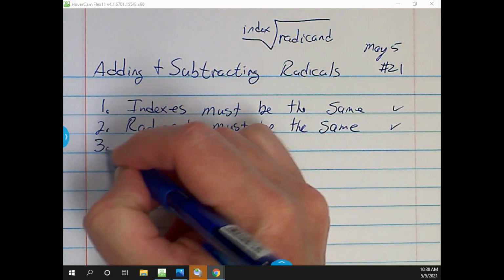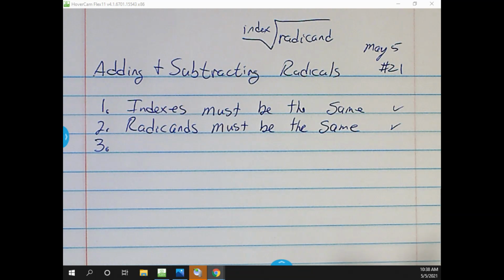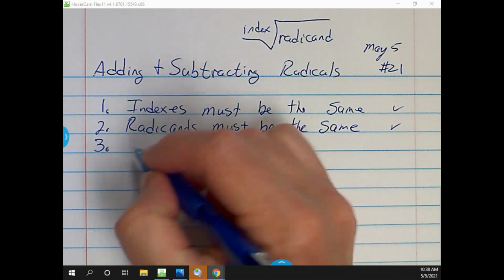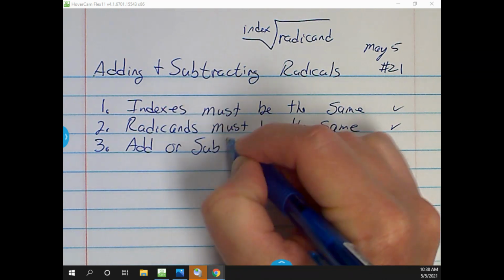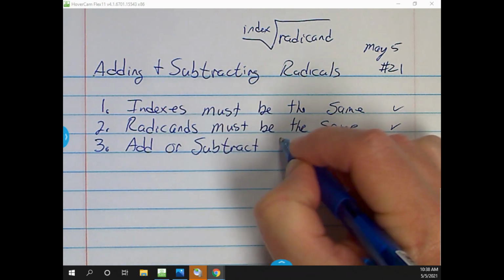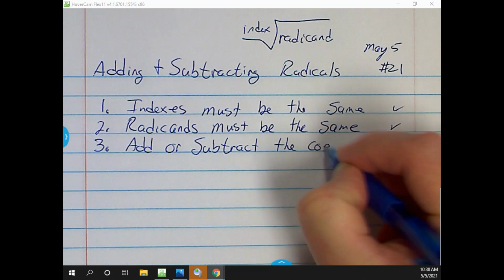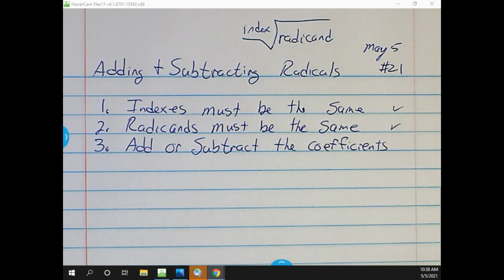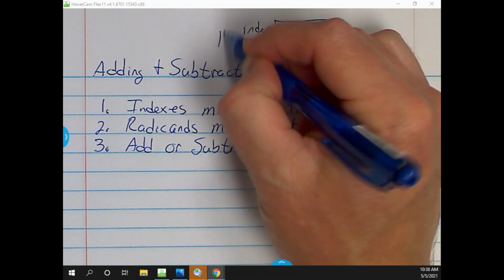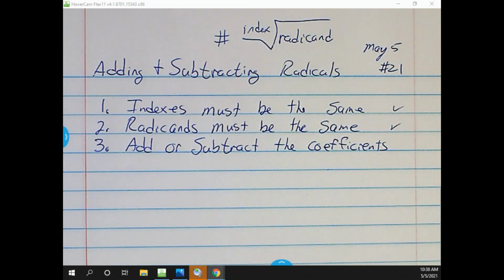finally the third thing, and this is where you get to do the adding and subtracting, you add or subtract the coefficients, whatever the signs tell you to do in that case. And if you remember yesterday, we said coefficients, that's the number that's going to be in front of your radical symbol.